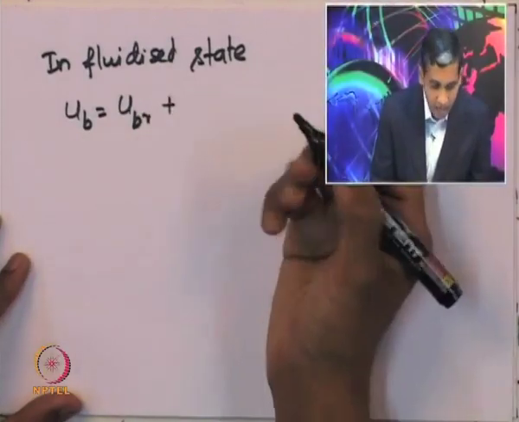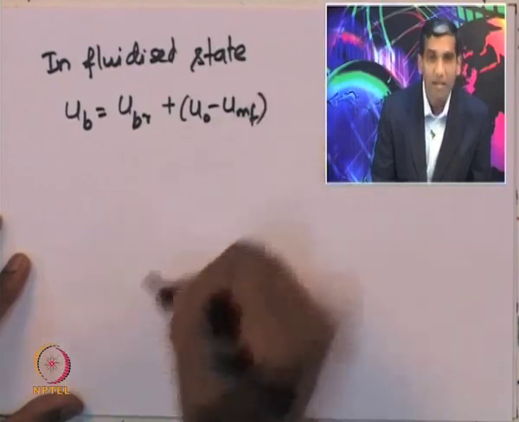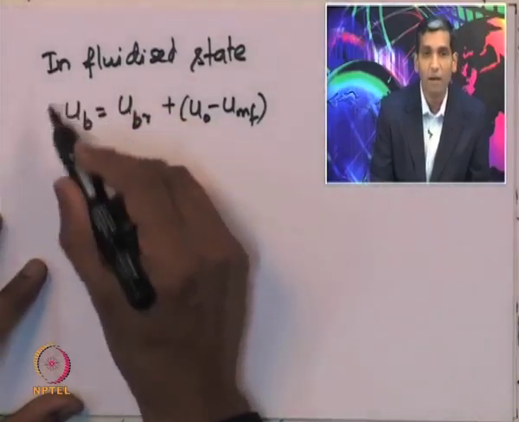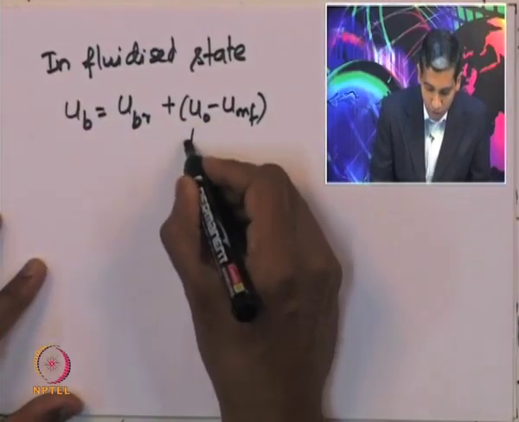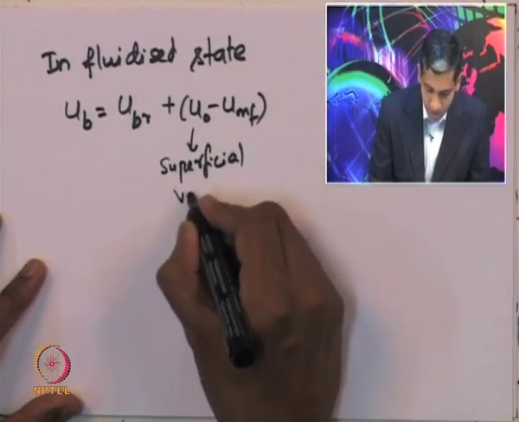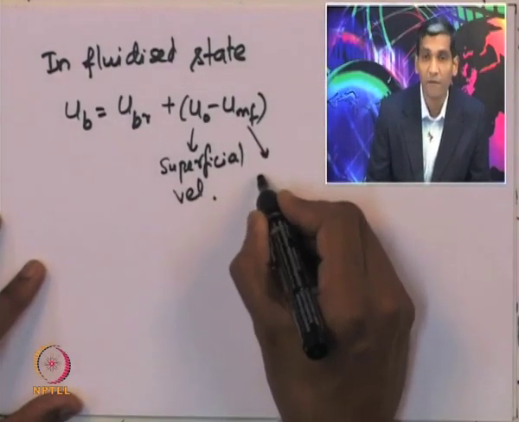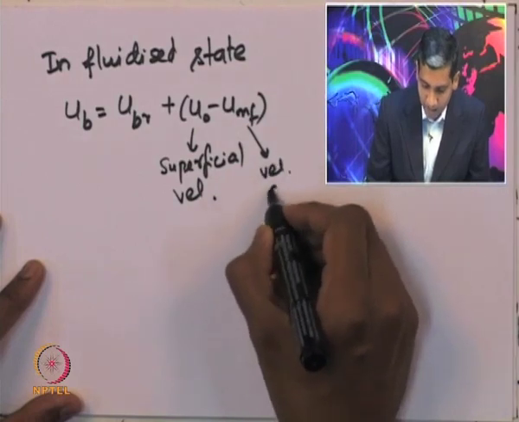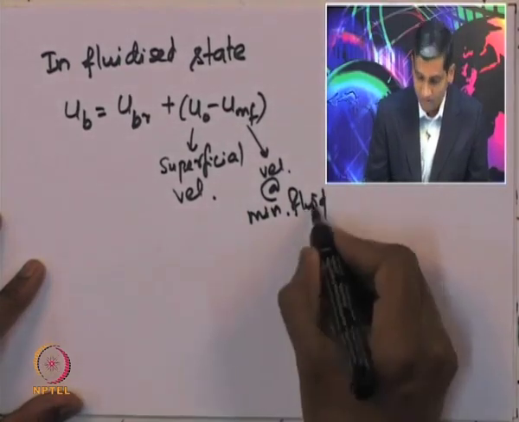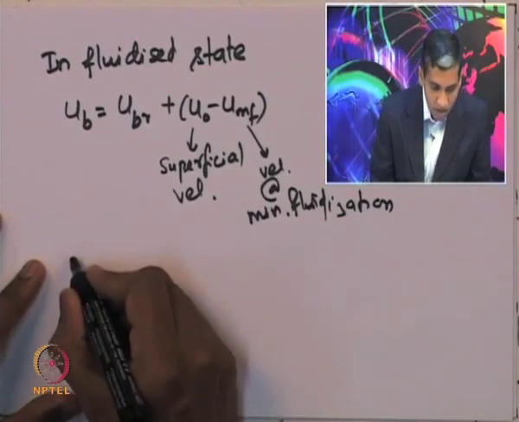The correction is given by U naught minus UMF, that is the correction to the single bubble velocity, and that tells us the velocity of the bubble in the fluidized state, where u naught is the superficial velocity with which the gas stream is flown into the fluidized bed reactor, and UMF is the corresponding velocity at the minimum fluidization point.